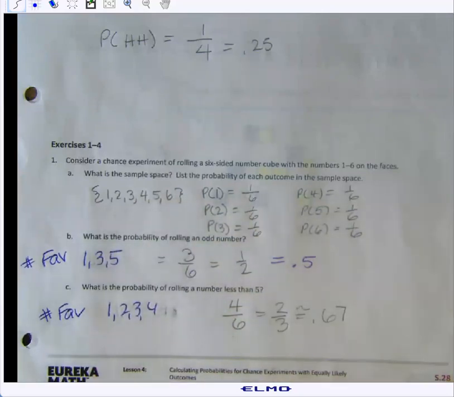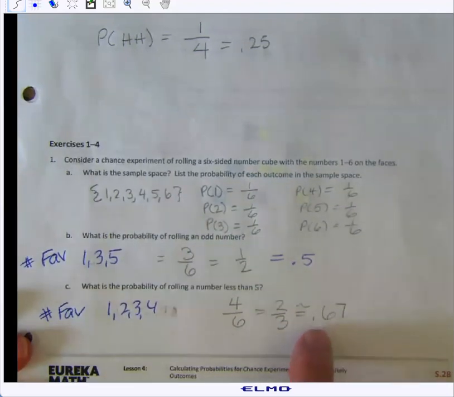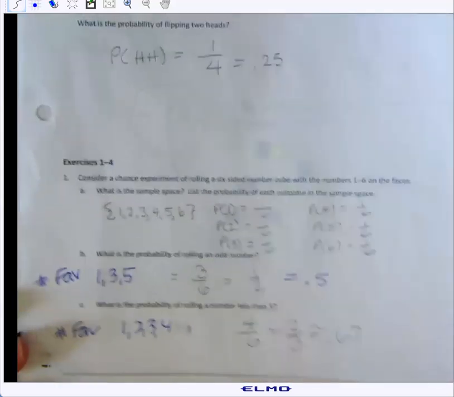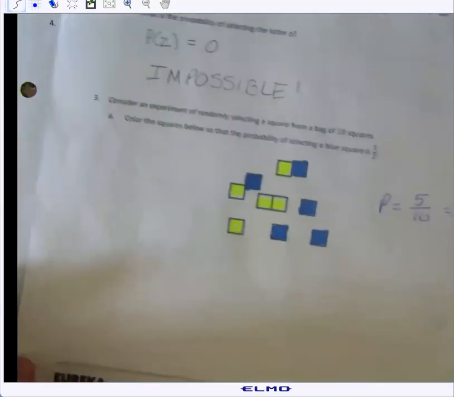The sample space doesn't change. Notice my denominator does not change. What changes is the numerator, which is the number of favorable outcomes, because the event that we're calculating the probability for changes. Okay, so I just wanted to be clear that I wasn't confusing you. So the probability of a number less than 5 is 4/6, which is 0.67.